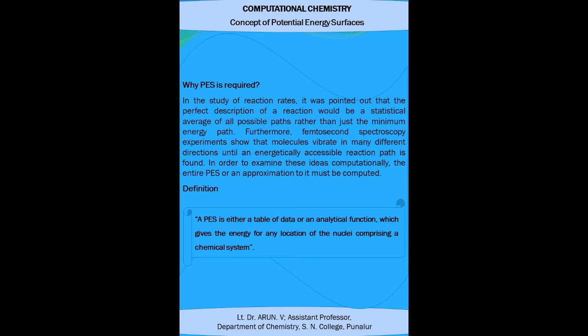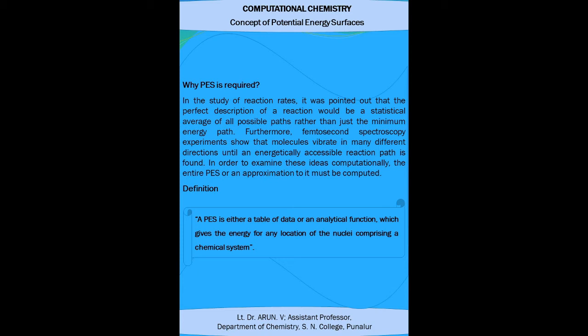Why is the potential energy surface required? In the study of reactions, it was pointed out that the perfect description of a reaction would be a statistical average of all possible reaction paths rather than just the minimum energy path. That is, in a reaction, the reactants are converted to products by a large number of reaction paths.